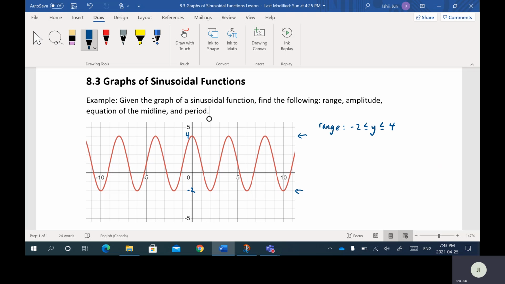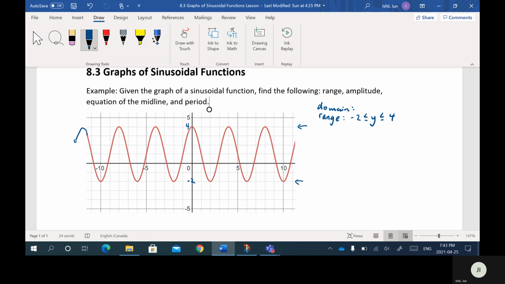Even though it's not written here, let's look at the domain. This function goes on forever. On this side over here, it'll come back up and then go back down, and the same on this side, it'll go up and then come back down.